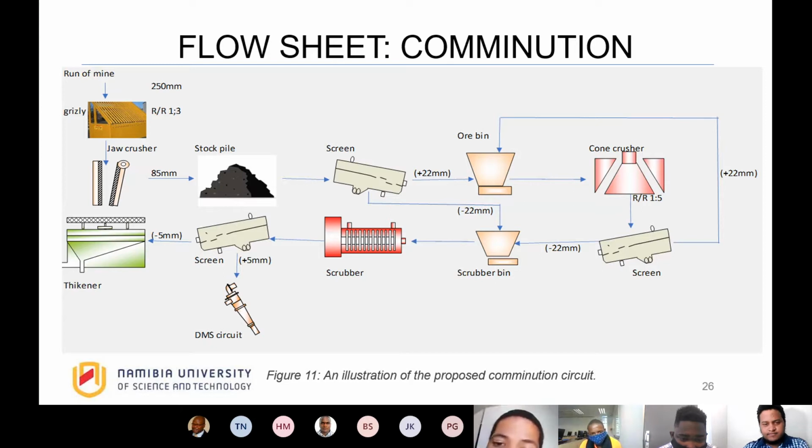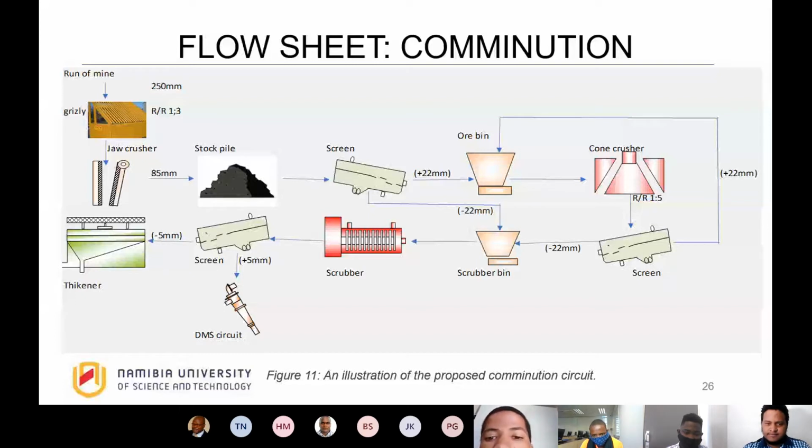So that's why it's important that in the beginning we have a grizzly, but the separation efficiency of the grizzly is not that important. What's important is the separation efficiency of the screen that comes from the stockpile, and the screen which handles the underflow of the cone crusher, because this makes sure that we don't handle material above 22 millimeters, because there's hardly any chance for you to find a diamond there, because you are towards the extreme of the normal distribution of the diamonds.